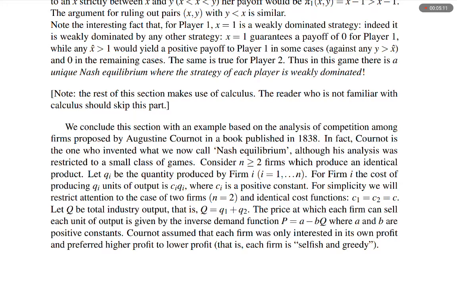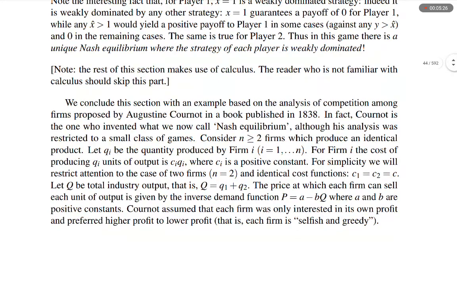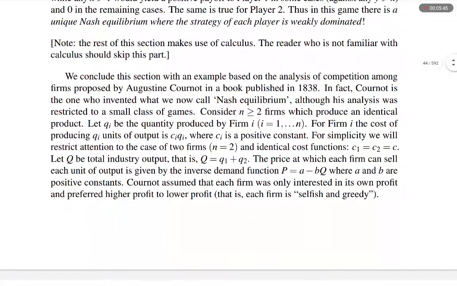Note the interesting fact that for player 1, x = 1 is a weakly dominated strategy. Indeed, it is weakly dominated by any other strategy. x = 1 guarantees a payoff of 0 for player 1, while any x̂ greater than 1 would yield a positive payoff to player 1 in some cases, against any y greater than x̂, and 0 for the remaining cases.